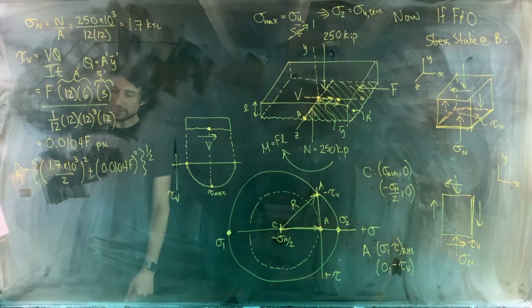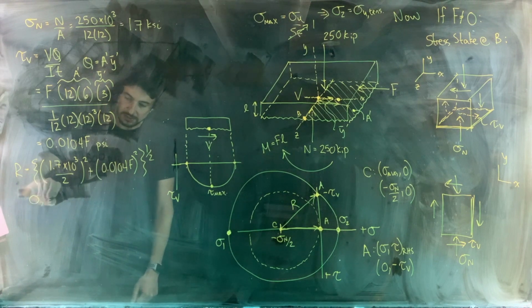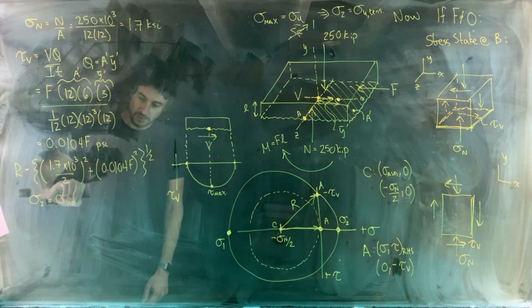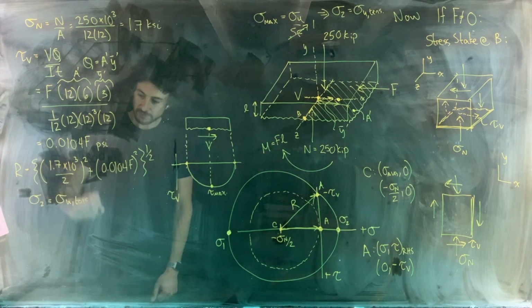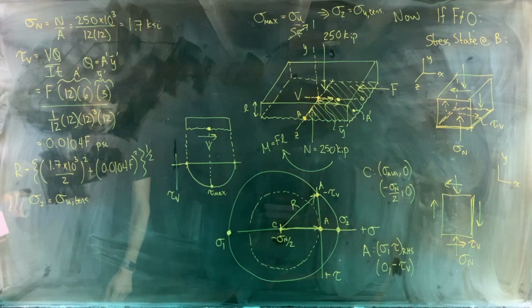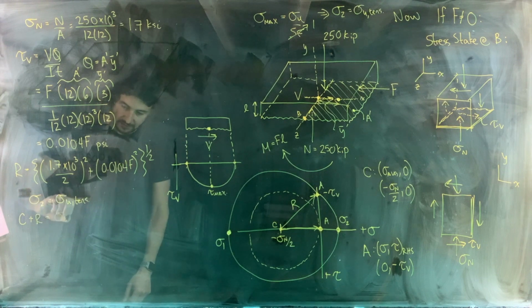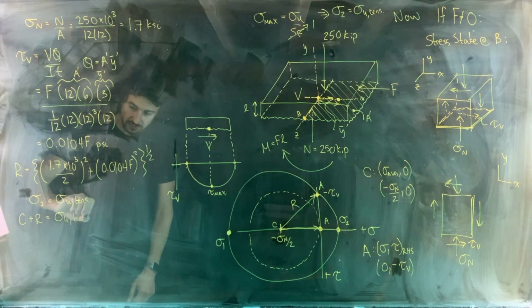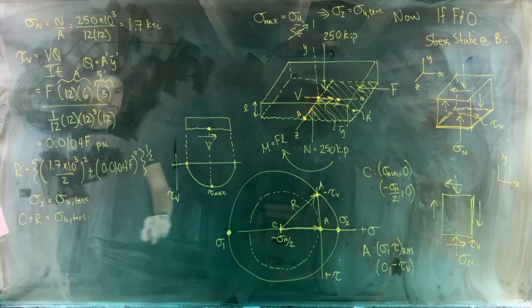So we want to solve sigma 2 is equal to the ultimate tensile strength, right? And we're saying that sigma 2 is our value of C plus R, and we're setting that to the ultimate tensile strength. So let's fill this in.